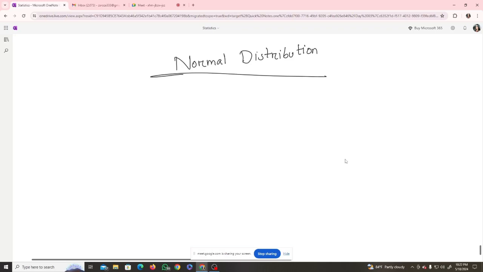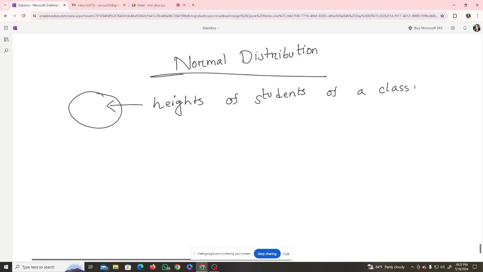Suppose we are taking the heights of students of a classroom. So suppose this is a classroom and there are many students and we are taking their heights. Now we have different ranges of height, from 4.5 feet to 6 feet 6.5 inches, a bigger range of height.